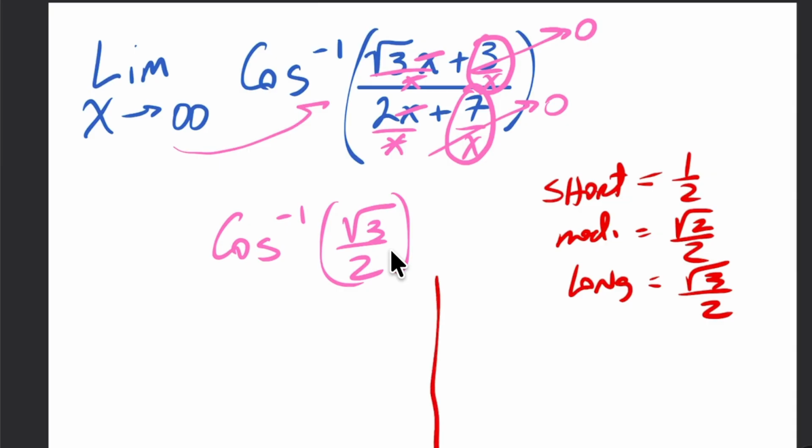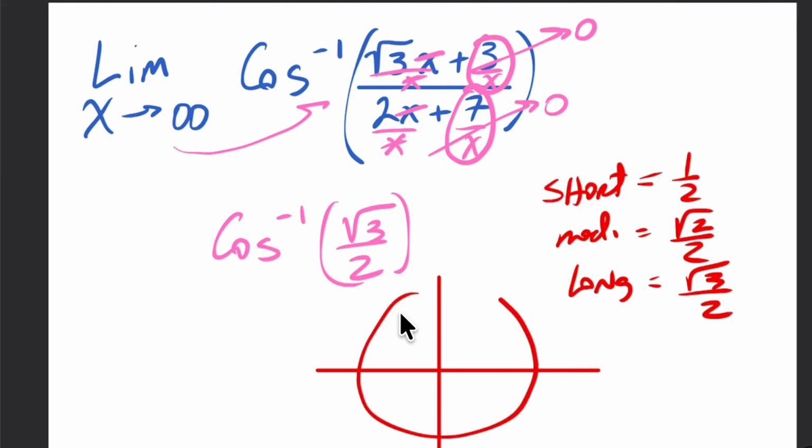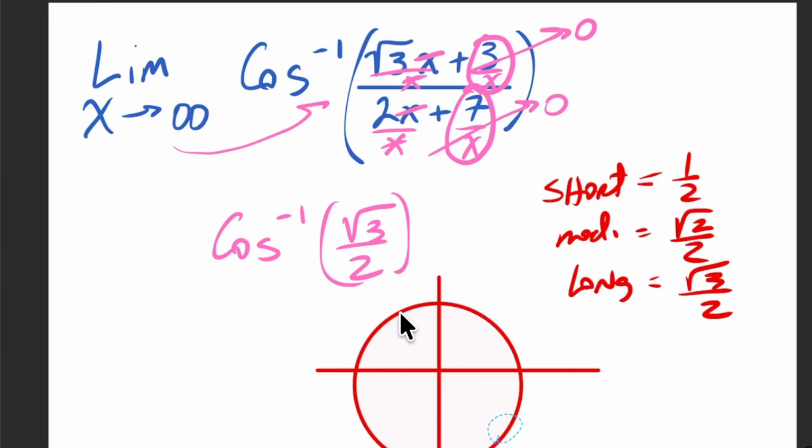I then set up my unit circle. The cosine is going to refer, of course, to the x-coordinate of the point on the unit circle. So here we know that the x-coordinate is long. That x-coordinate is long, that's square root of 3 over 2.